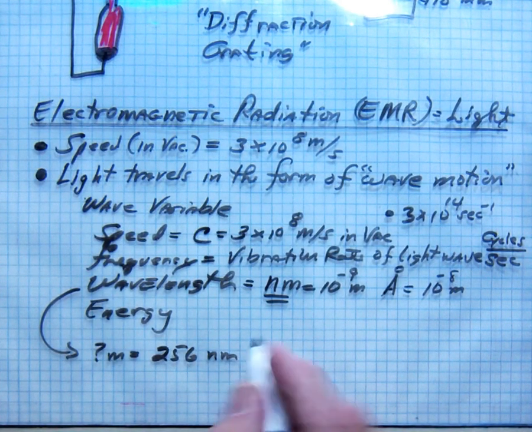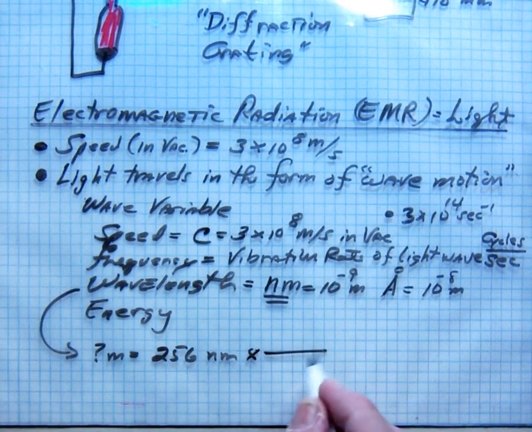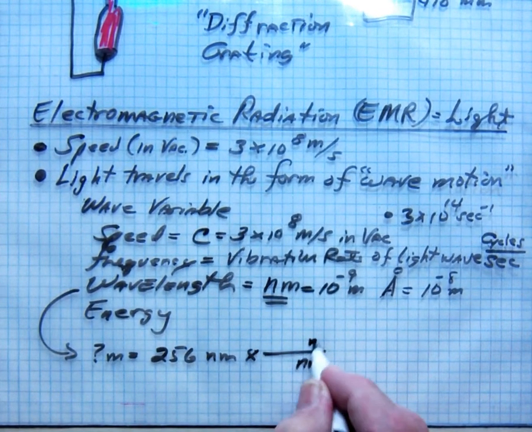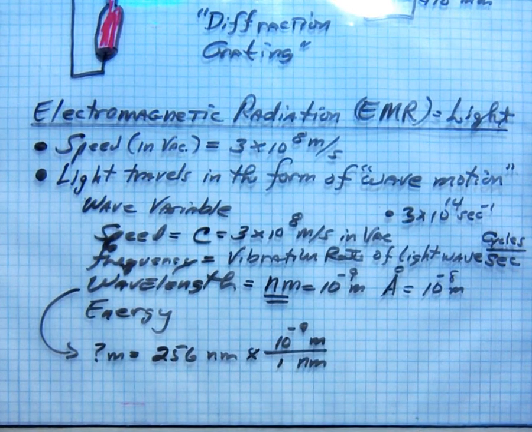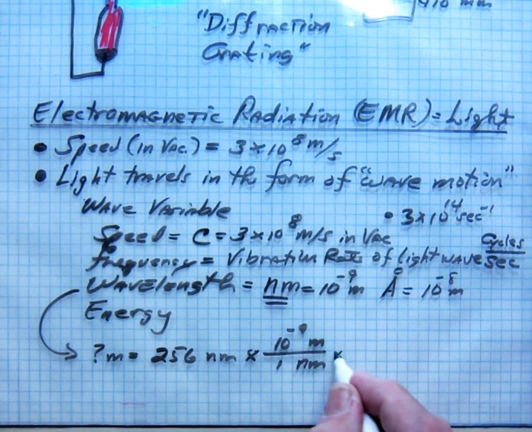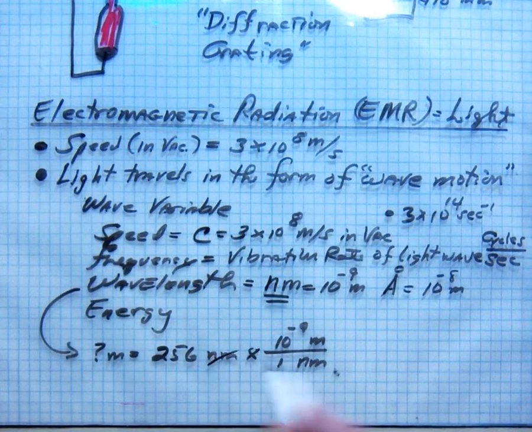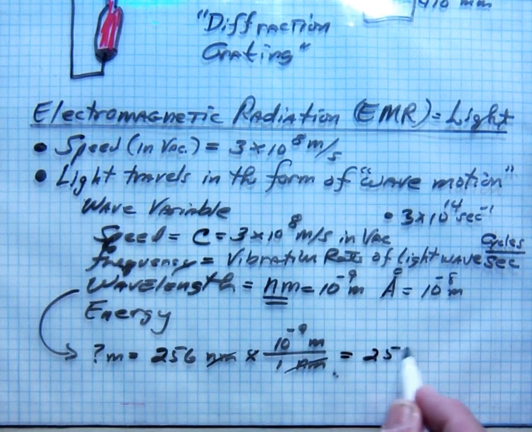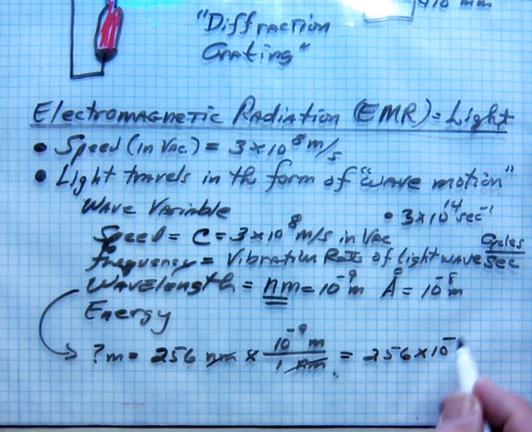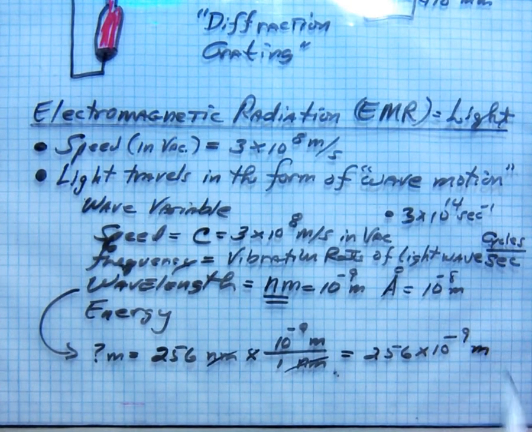So, for your benefit, let me just put one down here. Nanometers to meters. That's 10 to the -9th of a meter is 1 nanometer. Little bitty. Then cross that out like that, and you have it in meters. 256 times 10 to the -9th meters.